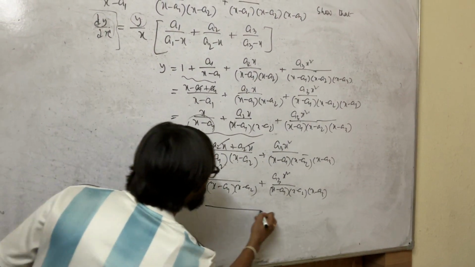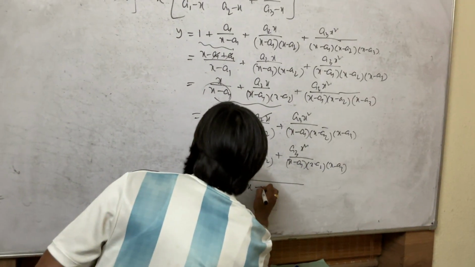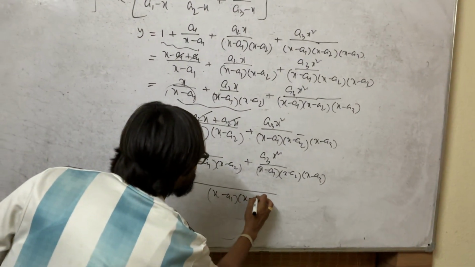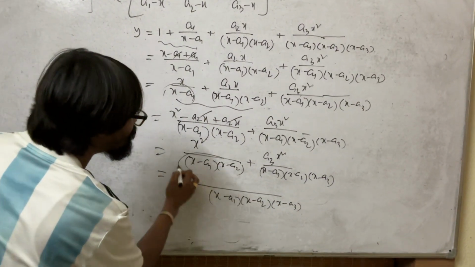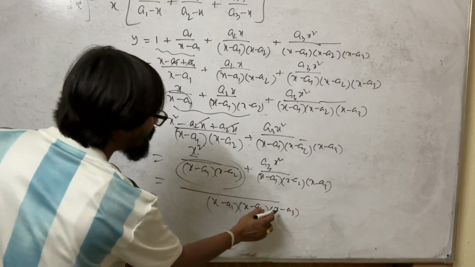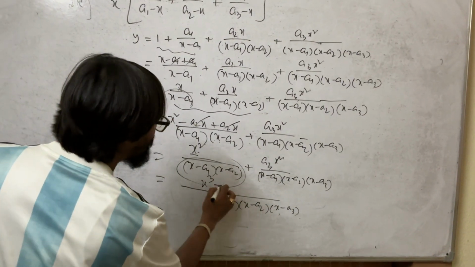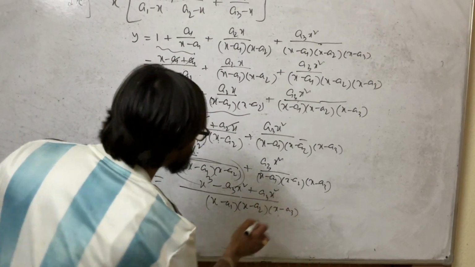Now we do the same thing here. This becomes (x minus a1) into (x minus a2) into (x minus a3). These two are there, so I just multiply x squared with this quantity. So x squared into x is x cubed minus a3x squared, and you see that there is one a3x squared and it is gone.